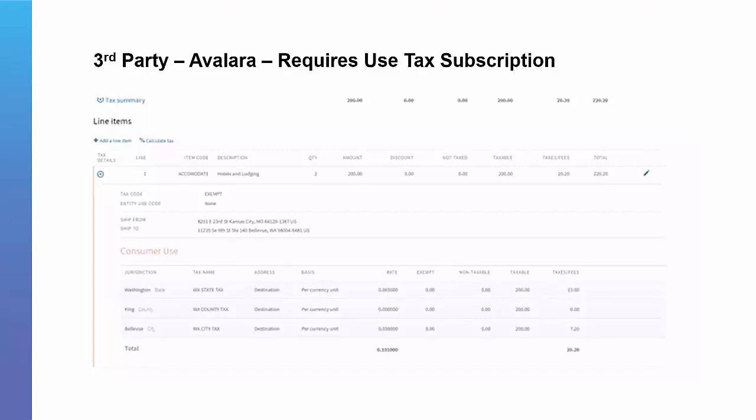So if you enable that, if you currently have Avalara, you would want to reach out to our Action representative to help you ensure that your licensing would include the new use tax subscription portion.